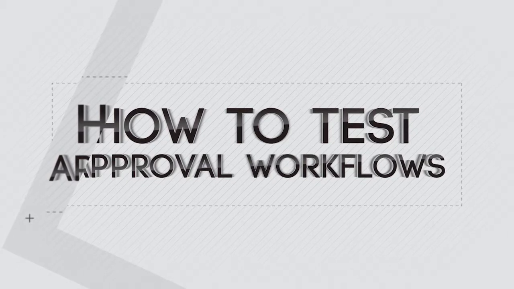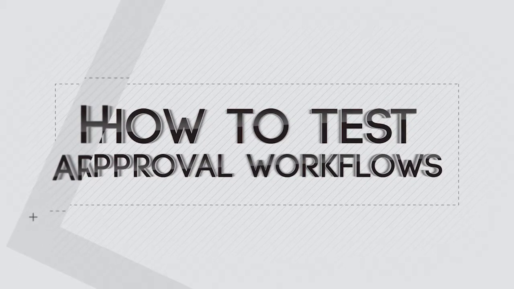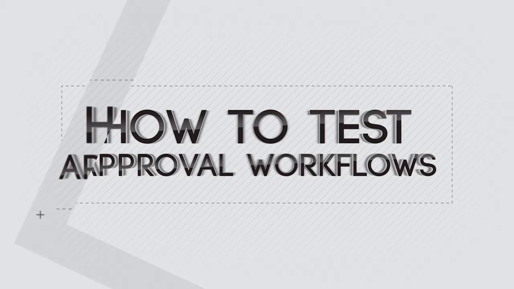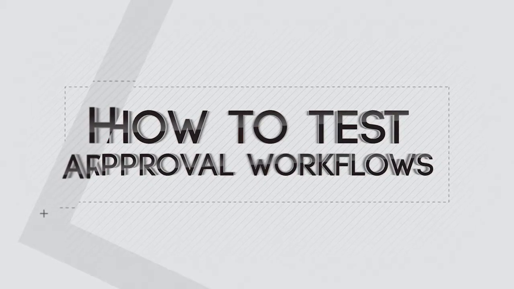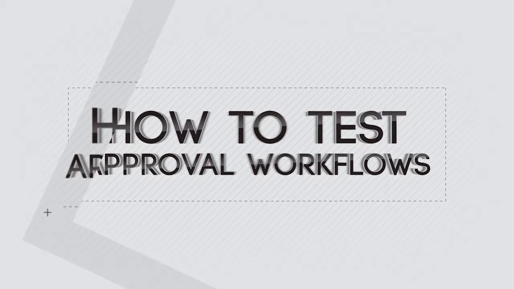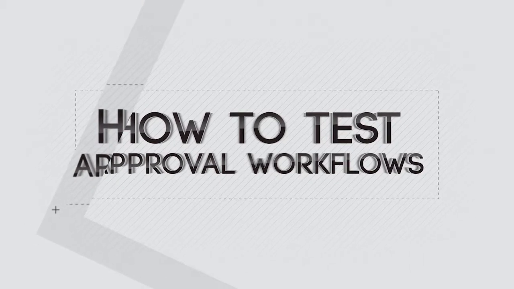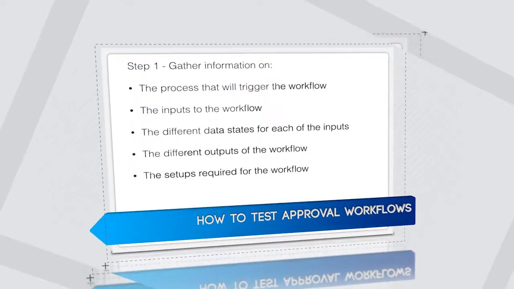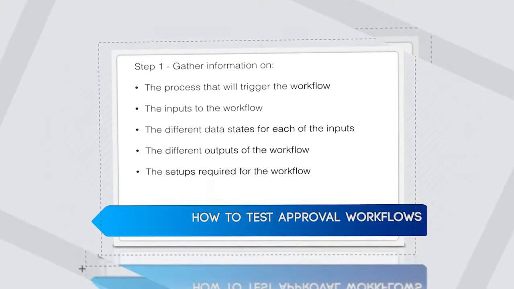For simplicity's sake, I think we should take a look at the GL journal workflow and see how we can test that. So in our first step, we need to gather some information. The information we need to gather is what process happens in EBS to actually trigger the workflow.